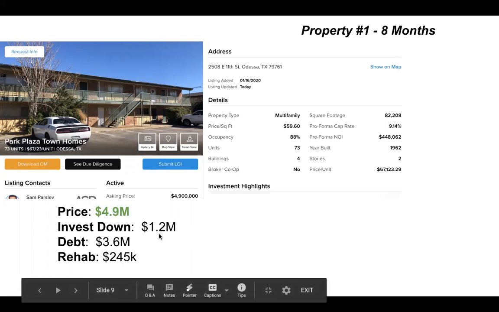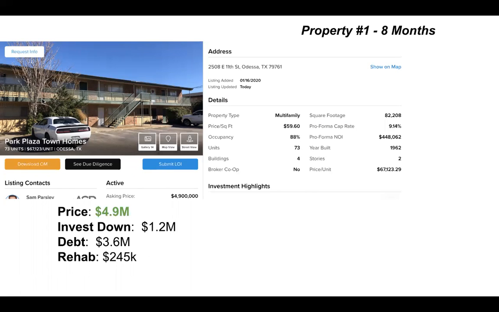What we'll do is invest $1.2 million in there, and then we'll be able to assess the debt. So we'll owe 3.6 million and we'll rehab 245K. We'll improve the well-being of this property and increase the rents. Once we do that, we'll cash flow, and we could either fix it and flip it, or buy it and hold it until it appreciates.